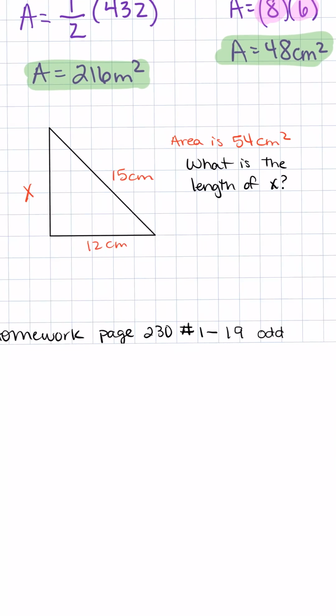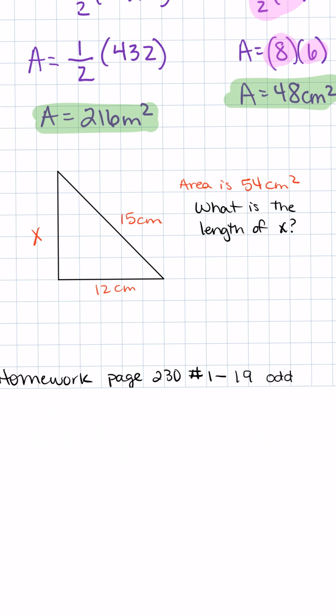So if you were given the area equals 54 centimeters squared, and then they want you to find the length of x, how are you going to do that? Let's put it together in an equation. So we know that we need to do the base, here's the base, times the height. Okay, so base times height, so we have 12 times x, we don't know, equals 54. Let's solve.